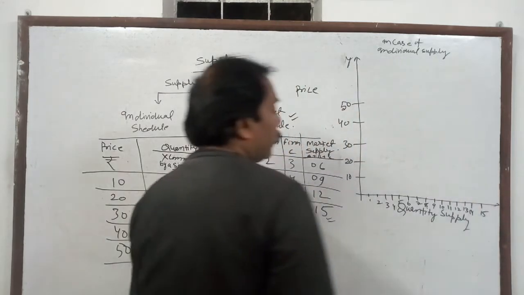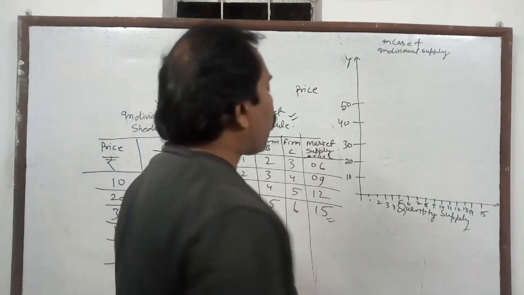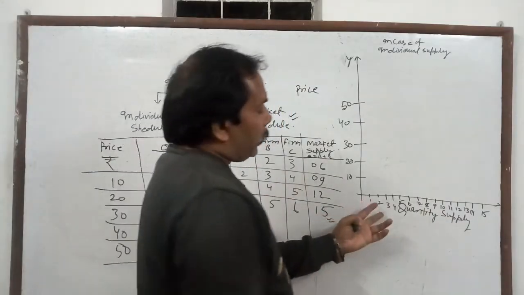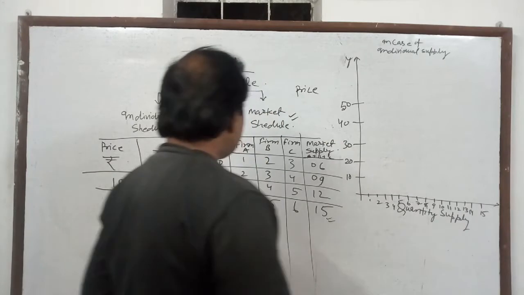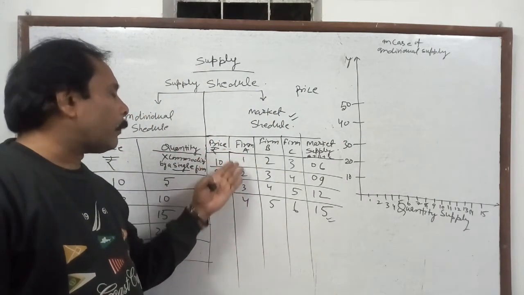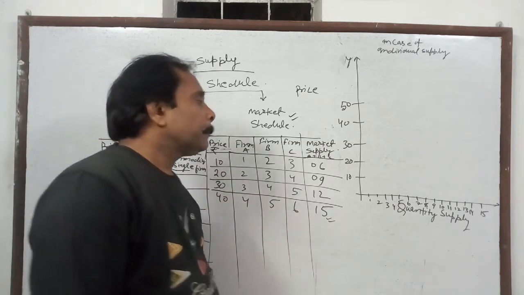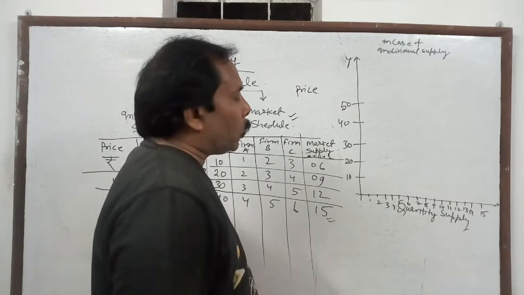Is it clear? Some of the students may ask, why sir, you have taken it in a difference of 1? Because the supply of firm A is 1, 2, 3, 4. In that case you will not face any problem locating it.